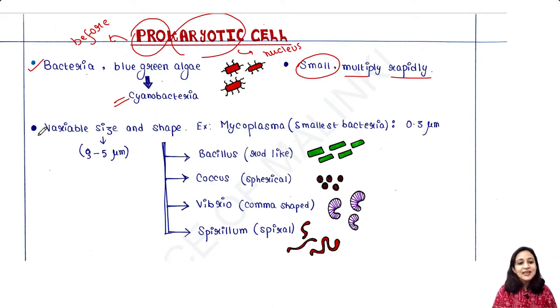They have variable size and shape. Like mycoplasma. Mycoplasma is the smallest bacteria. It is the smallest cell. This mycoplasma is only 0.3 micrometer in length.